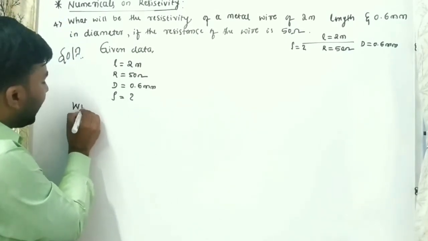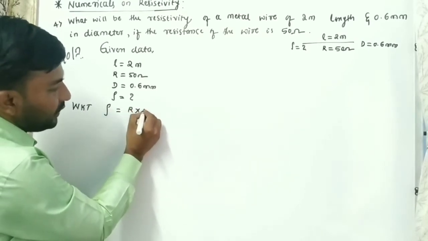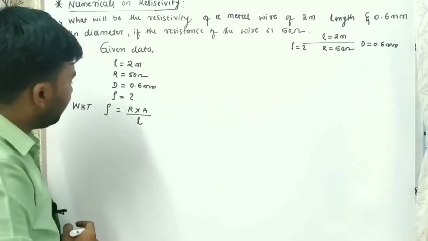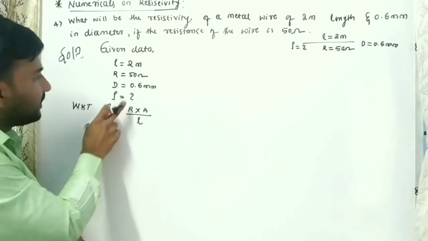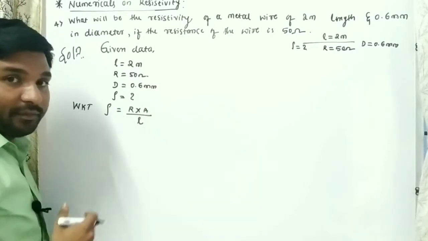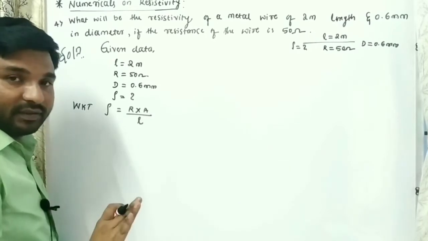Now we know that the resistivity formula is R into A divided by L. This is the formula. We know resistance, we know L, but we don't know A. Got it? A stands for the area of cross section. Fine.